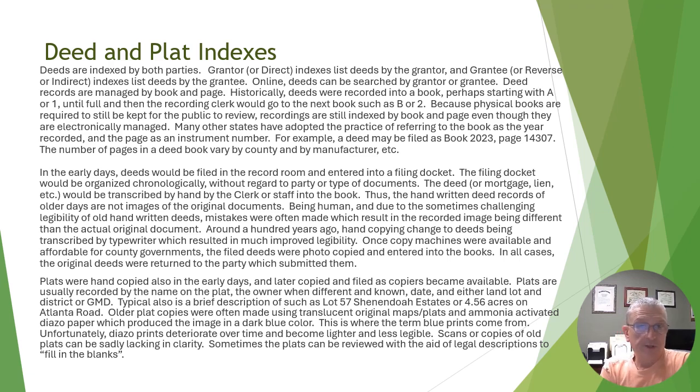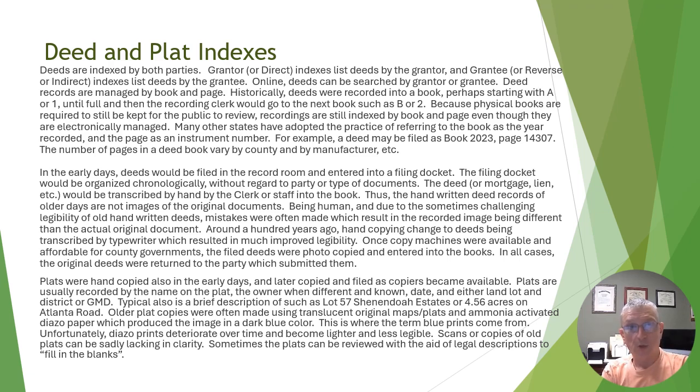Now, around 100 years ago, typewriters became more available, and instead of handwriting the copies into the deed books, they fed the deed book pages through a wide platform typewriter and typed them in one letter at a time. So that was better. They're a lot more legible, but they were still transcribing often handwritten deeds that they often couldn't totally understand. So then, once copy machines were available, the clerk's office would take a deed, copy it, and enter it into the book.